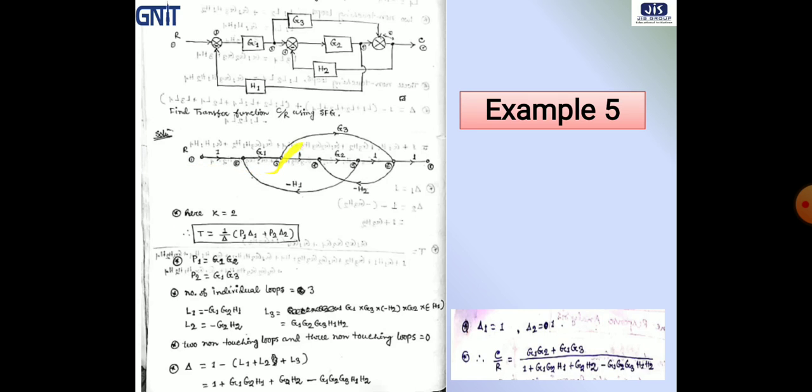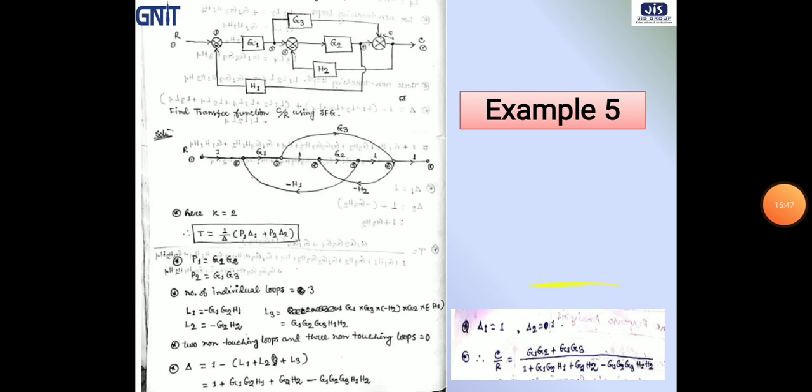And this is our path 2. Now we have to find, is there any loop present which is not connected with path 2? No, all the loops are connected with path 2. So delta 2 will again be 1. So if we put all the values in this equation, then we will get the overall transfer function, that will be this.